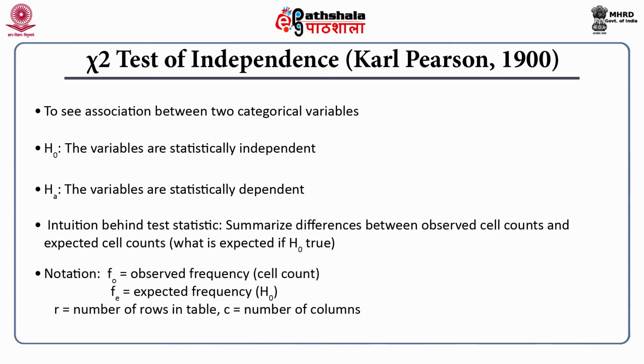So the notation is FO for observed frequency or the cell count, while FE for expected frequency, given that our null hypothesis is right. R is the number of rows in the table, while C is the number of columns in your table.